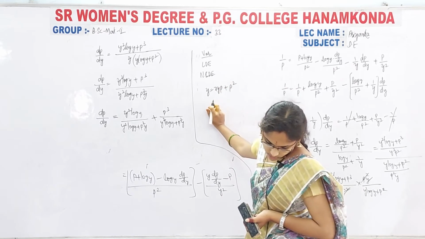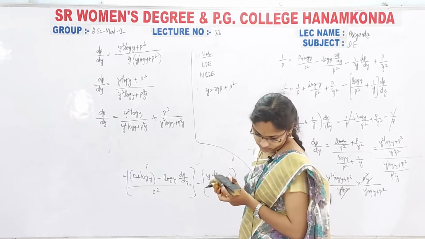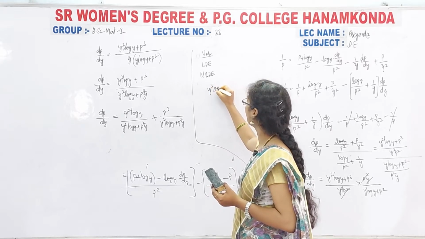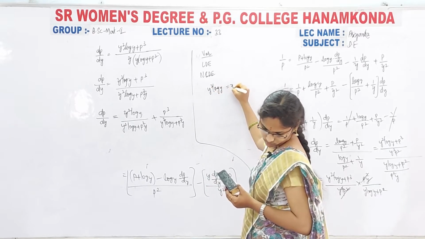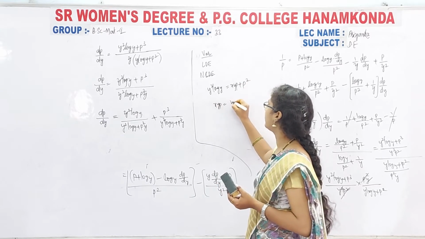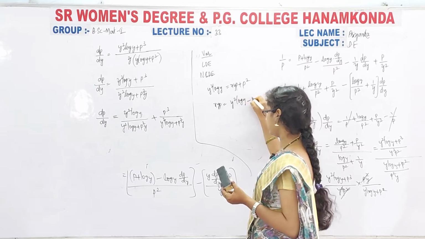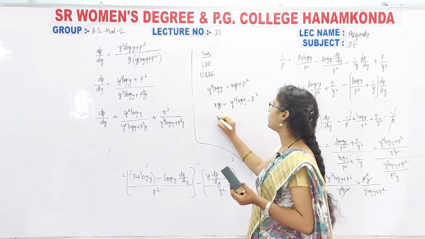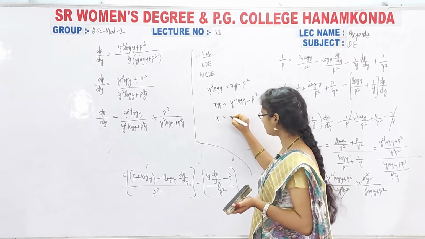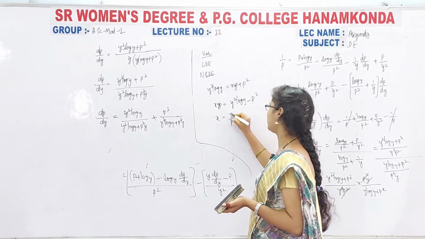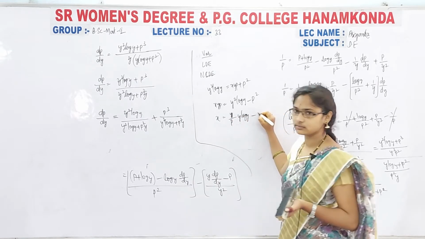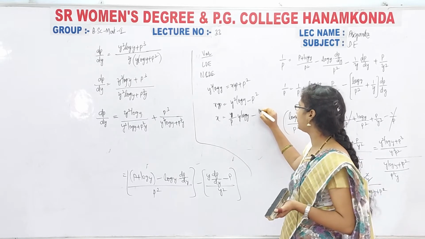So now this is the question, with y square log y. From this I get y square log y minus p square. So x is equal to, with y cancelled, y by p, or 1 by p, y log y minus p, with p cancelled, we get p by y.